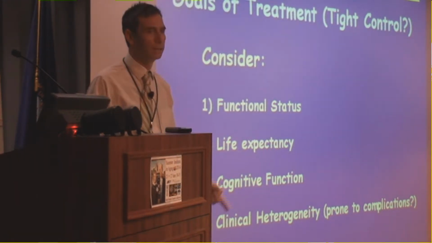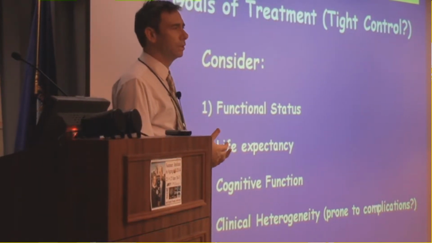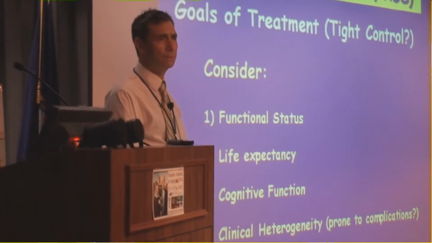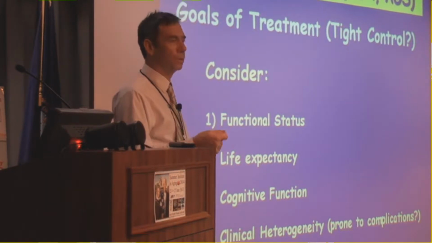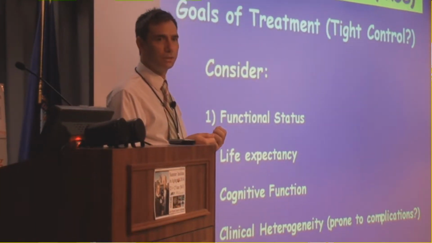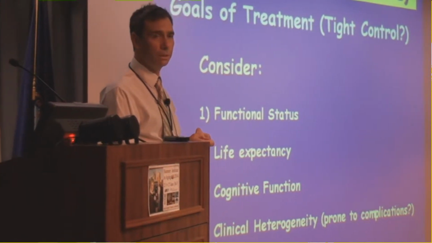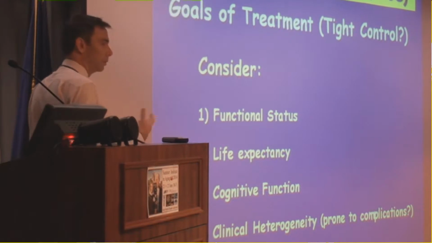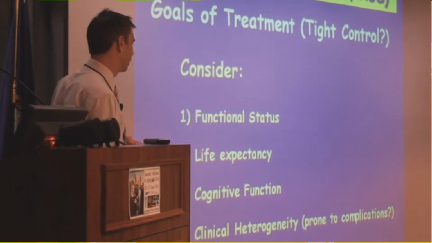Cognitive function is important because of how easy or difficult it's going to be to control a person with advanced dementia. You're going to put in a very complex regimen of insulin and sugar checks and things that they would have to do to maintain a very tight glucose control in someone who functionally is not doing well. That's probably not appropriate. You're just going to increase their risk.